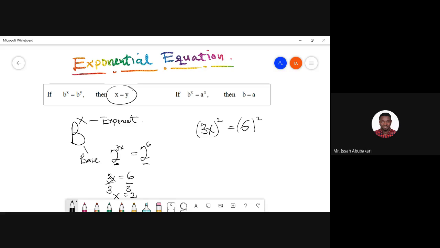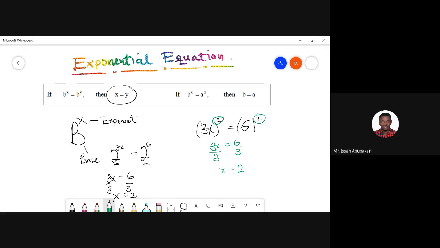Because the exponents are the same, 2 here and 2 there, we forget about them and equate the bases: 3x = 6. Then we solve for x by dividing both sides by 3, and at the end x is equal to 2. If you understand these two simple rules, then we won't have problems solving these questions on exponential equations.